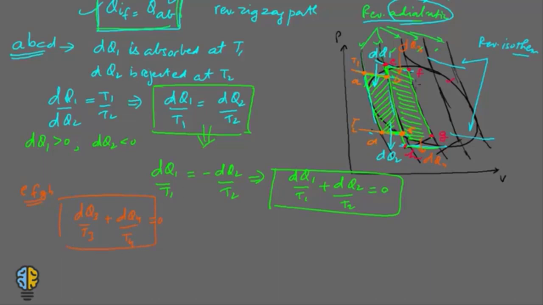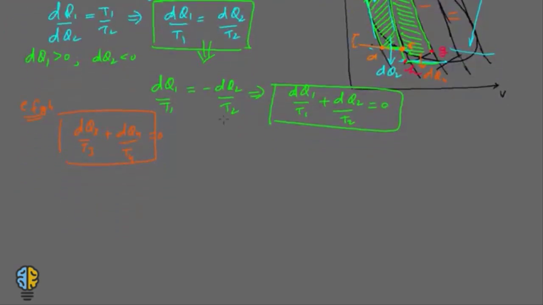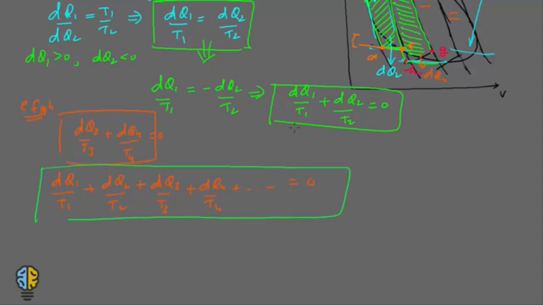Similarly, you have so many cycles like this. If you add all these equations, you get dq1 by T1 plus dq2 by T2, plus dq3 by T3 plus dq4 by T4, and so on, and this all adds up to 0. This is what we get when we add this expression for all the elementary cycles, and this sum is basically for the whole, original cycle.